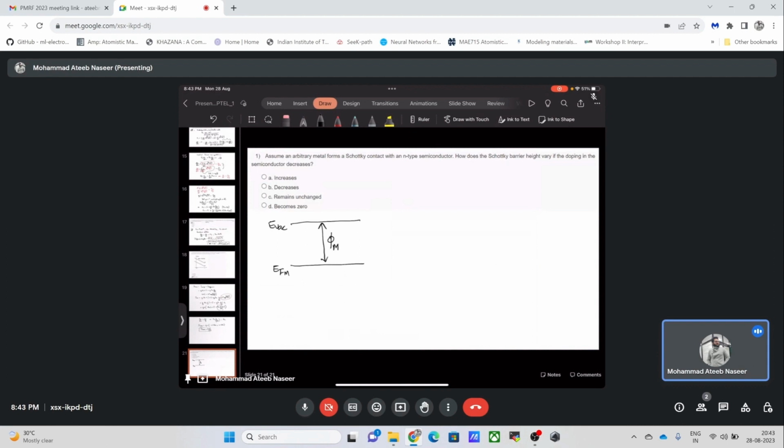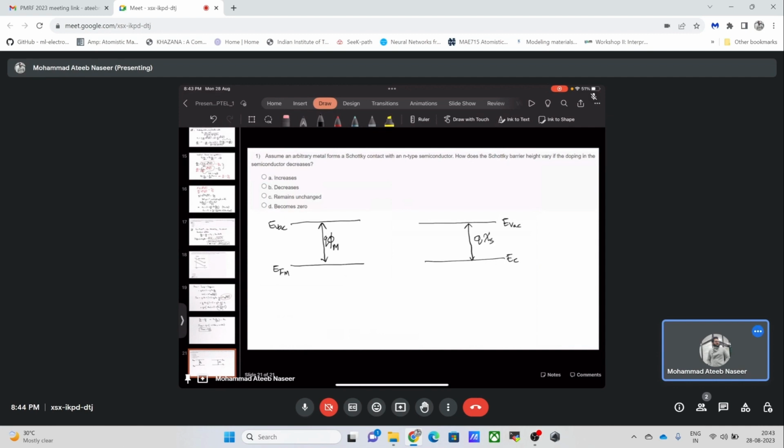For the semiconductor, we had drawn something like this. This is the vacuum level, and this is, for example, the conduction band edge. So the difference between these two is given by this value. Let me write this: q times phi m. So this is q times chi s.